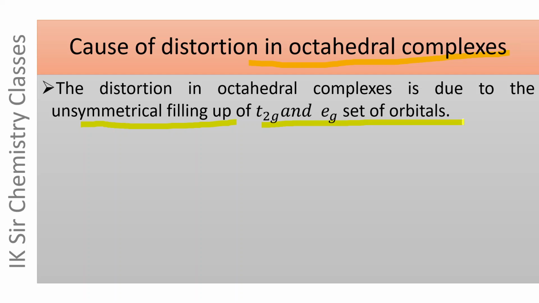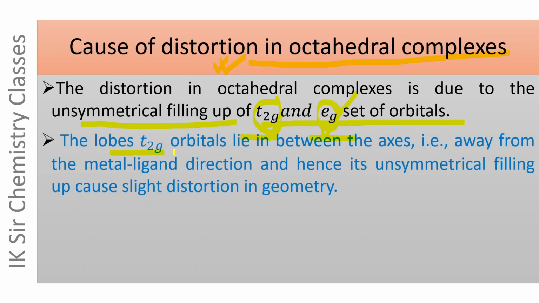We already know that the 5 d atomic orbitals of the central metal ion split up into t2g and eg sets of orbitals in an octahedral crystal field. The t2g set of orbitals is triply degenerate while eg set of orbitals is doubly degenerate, and the distortion in geometry of octahedral complexes takes place due to unsymmetrical filling up of t2g and eg set of orbitals.